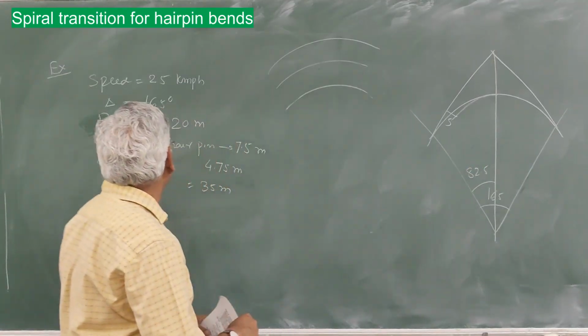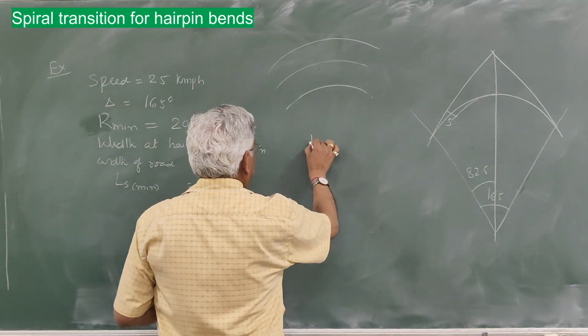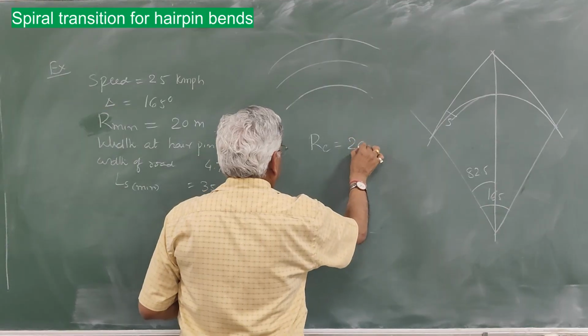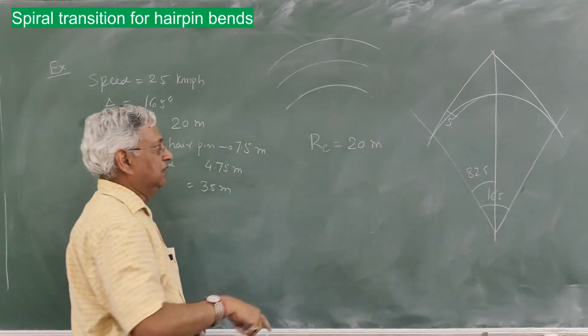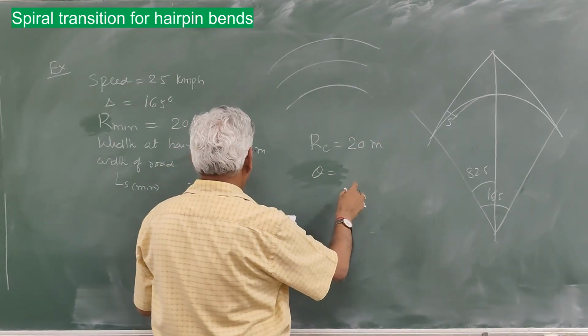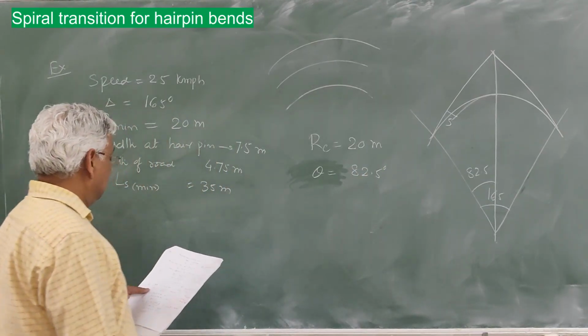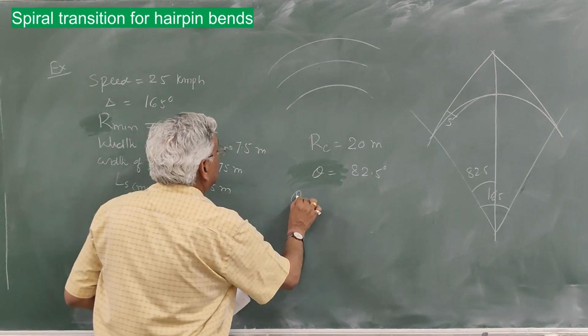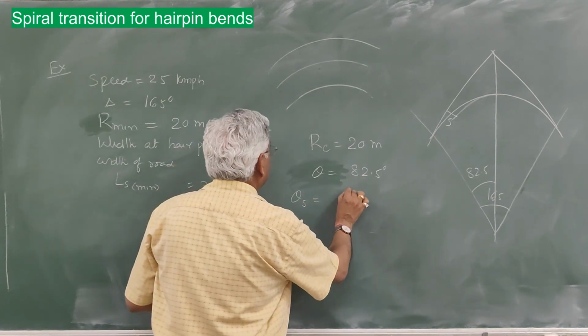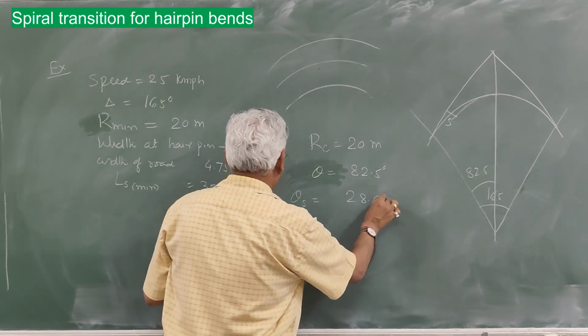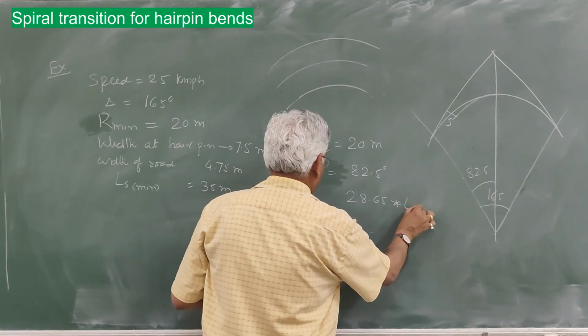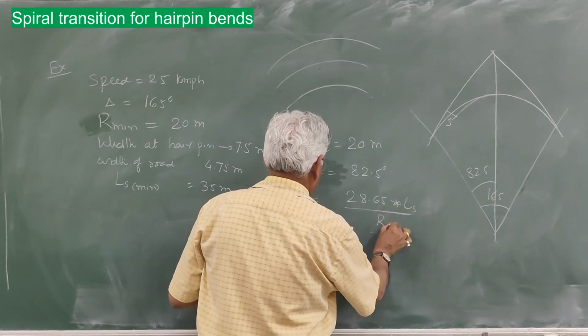In the case of the inner curve, the radius Rc is 20 meters. That is the minimum radius. Theta is half of delta, that is 82.5 degrees. You remember this equation, theta s is equal to 28.65 into Ls upon Rc.